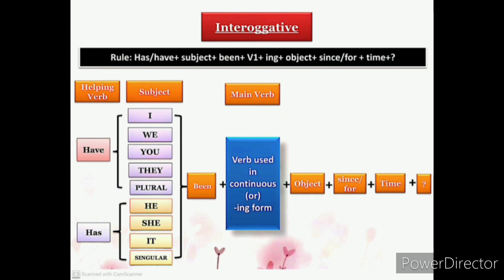After that been, then V1 first form, then ing, then object, then since or for, then time and then question mark. For example, have I been writing a letter since 10 o'clock? Have they been writing a letter since 10 o'clock? Has it been raining for the last 15 minutes?